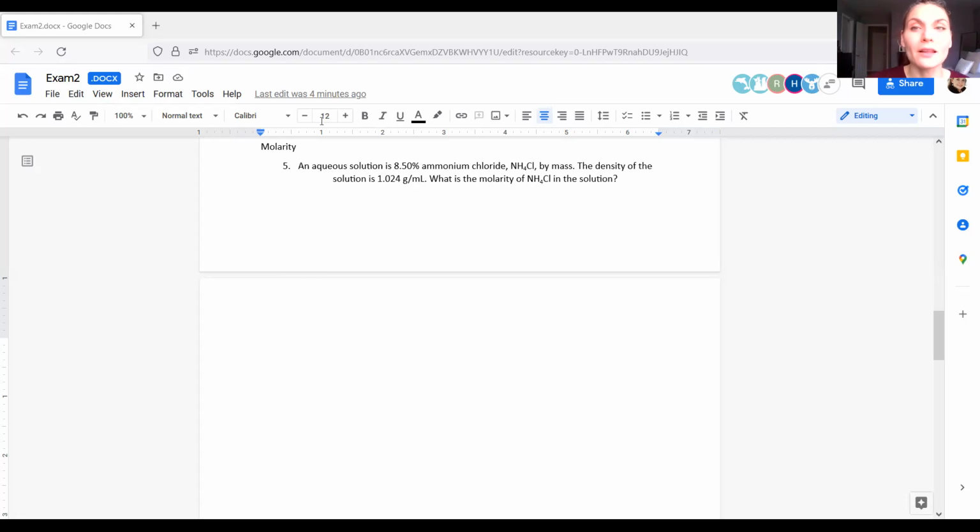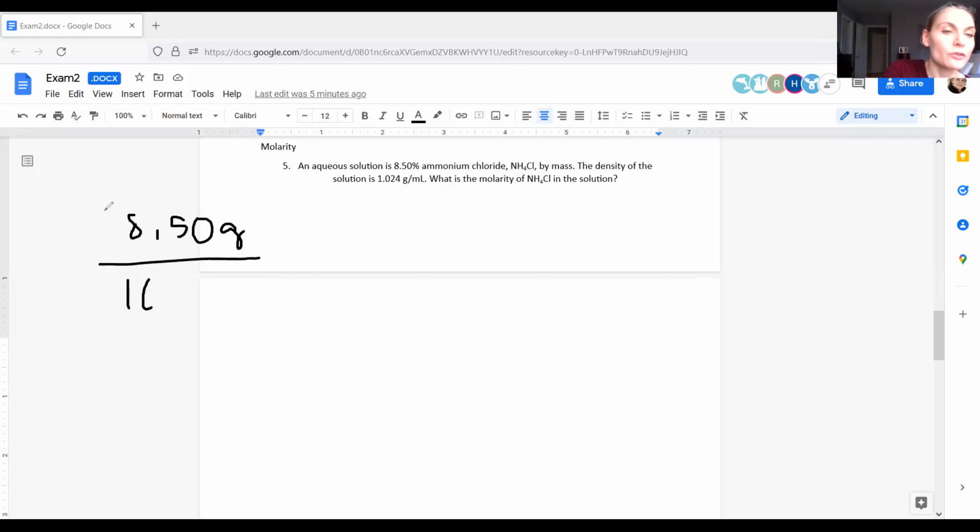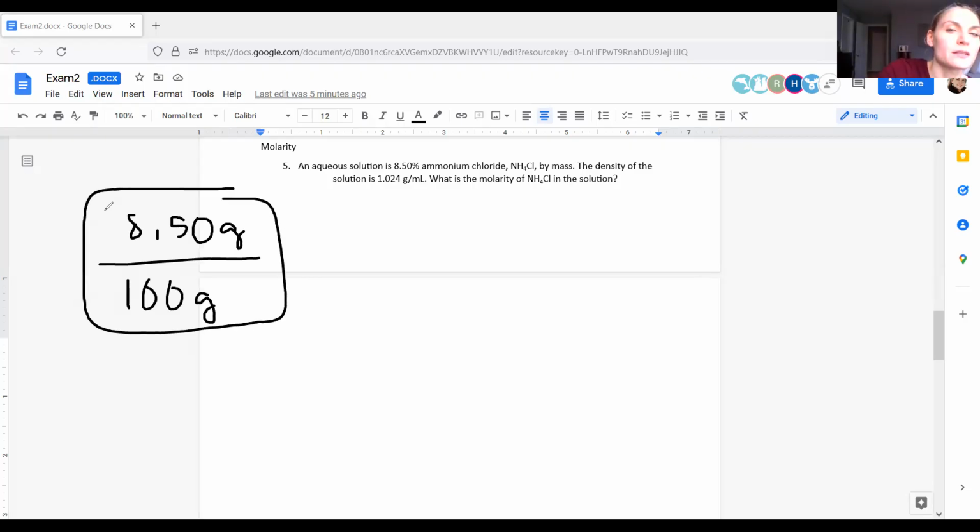So what that is telling us is that we have 8.50 grams of our solute over 100 grams or 100 milliliters of our solution that we're talking about. That's what that mass percent is basically giving us.